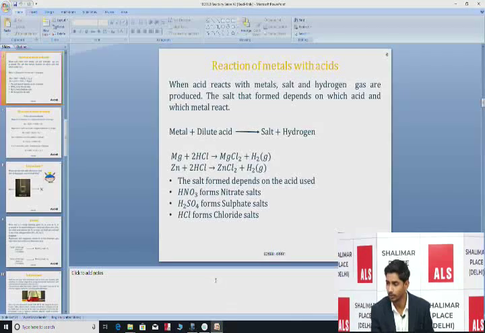You are asking then what about the aluminium? Dear, aluminium actually forms the AlCl3. There's a little bit different thing. That forms the AlCl3.